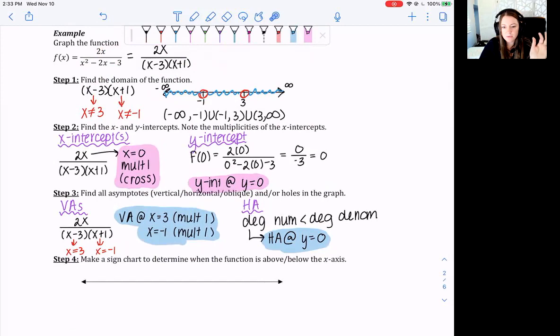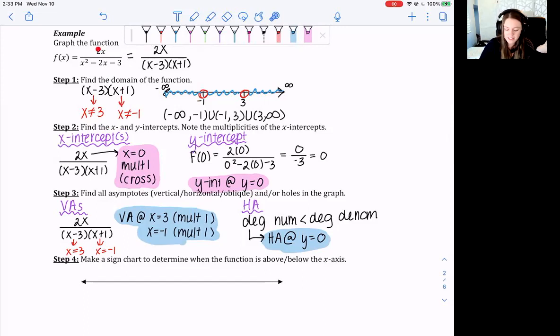I think that what I hope for you to get out of this section is not the ability to replicate the exact graph. I don't need you to be able to perfectly graph these rational functions. I want you to know what the properties are and how the general behavior of the graph is.